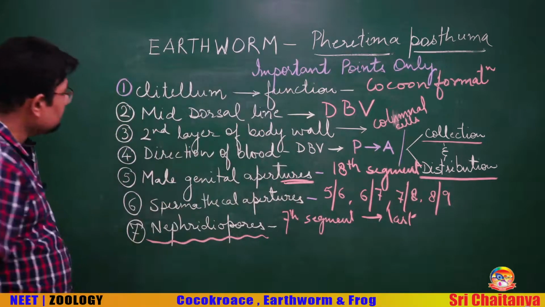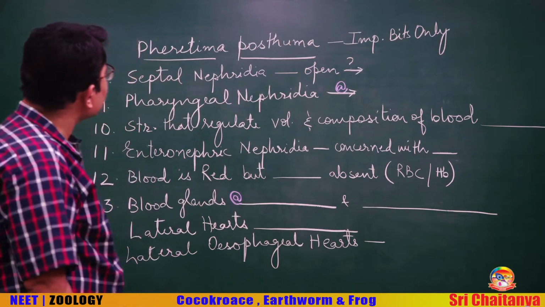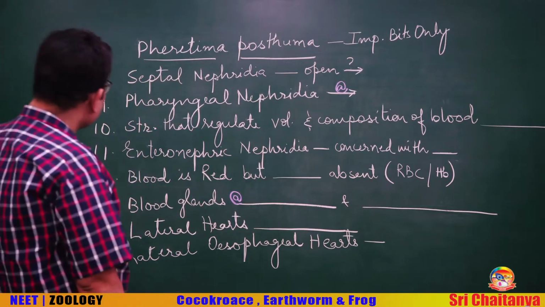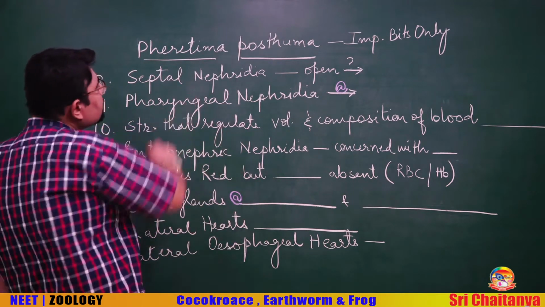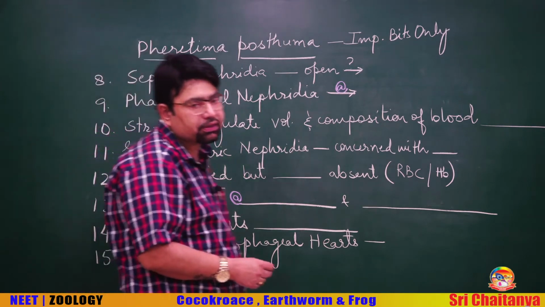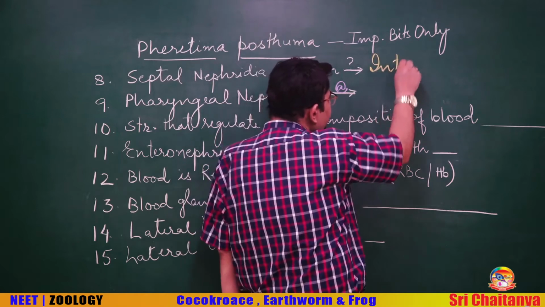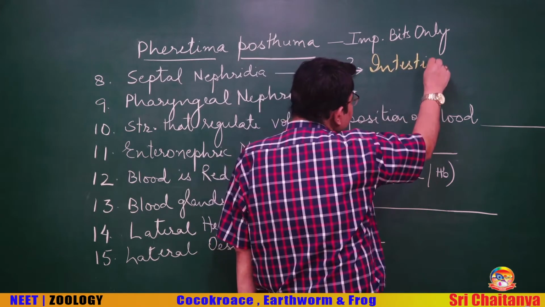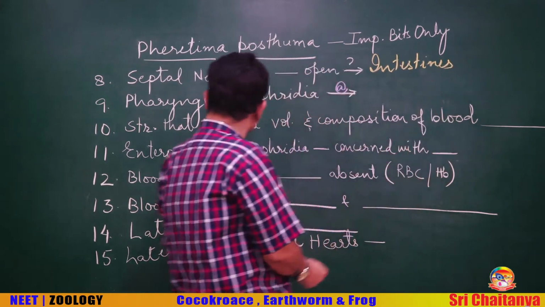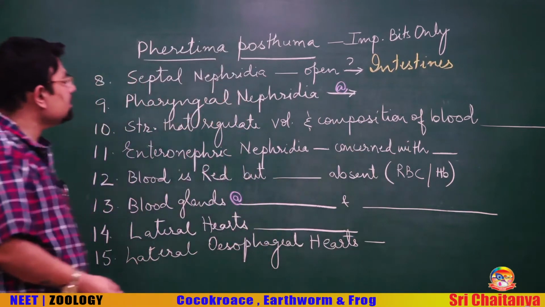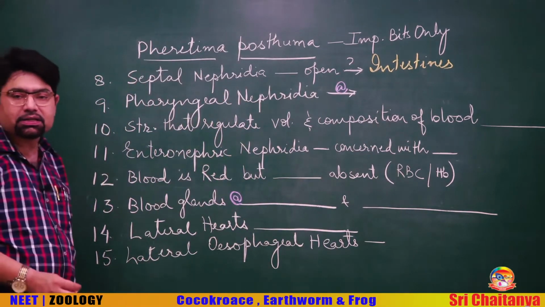Let's continue with more bits on Pheretima posthuma. The septal nephridia, where do they open? Septal nephridia open in the intestines. Another question I found: pharyngeal nephridia, where are they present?